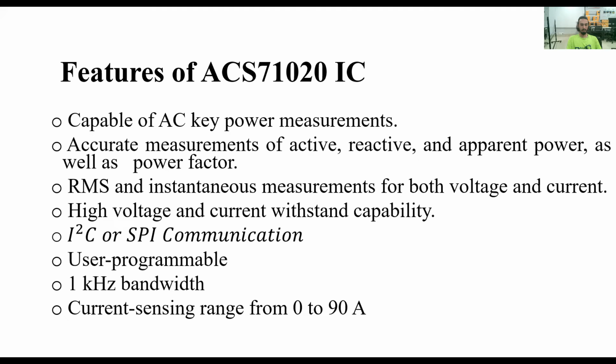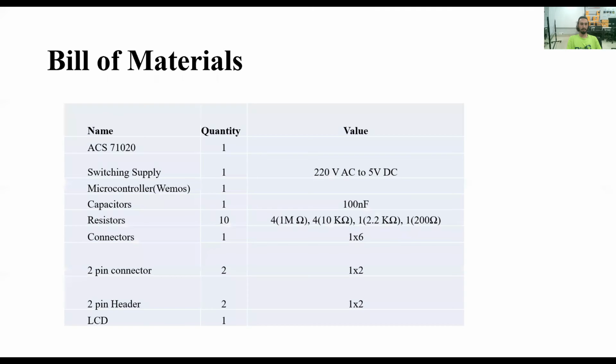It has high voltage and current withstand capability due to its reinforced isolation. It works on two communication protocols, that are I2C and SPI. It is user programmable. We program this IC using Arduino, and the bandwidth of this IC is 1 kilohertz. It has a current sensing range from 0 to 90 ampere.